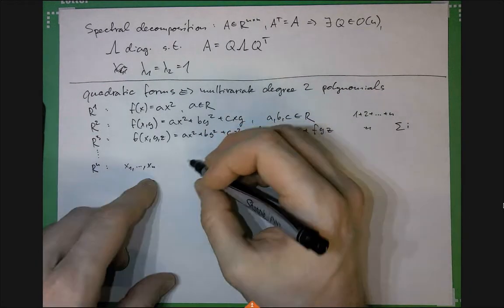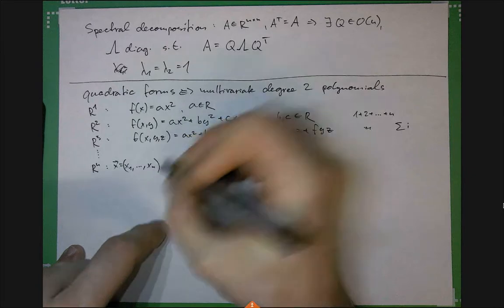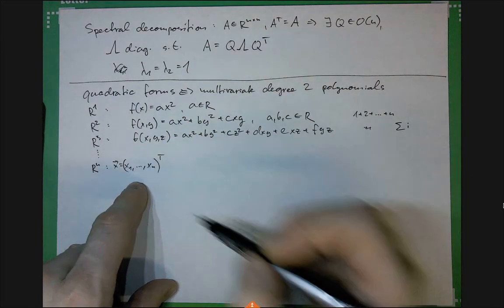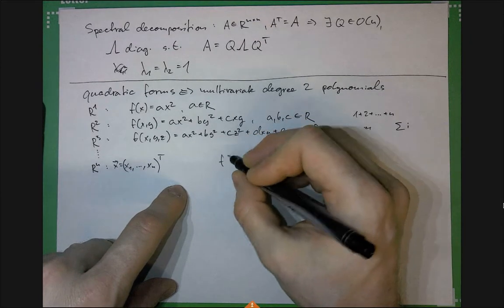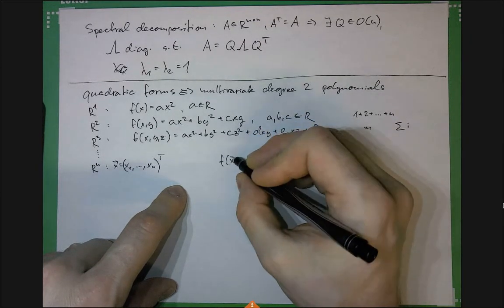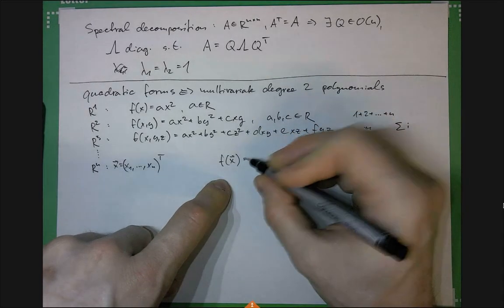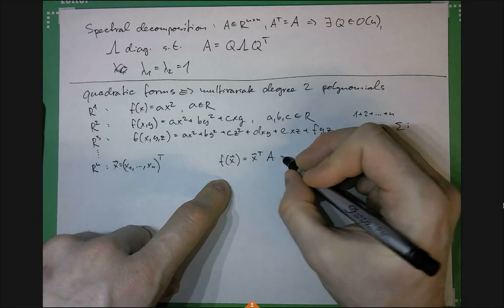So in the general case, if I have a vector x, with these components, I make it a transpose. I could also write a column vector. I always assume column vectors by default. Then the general form of a quadratic form, forgive another pun, is this.